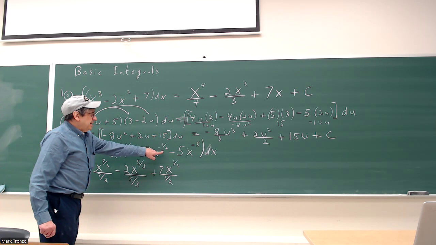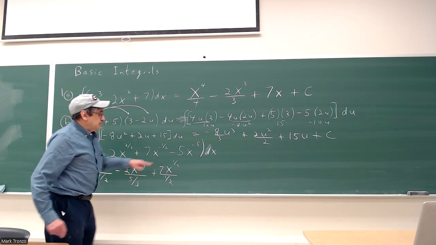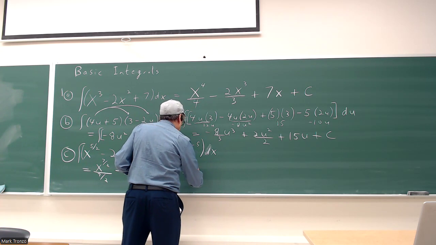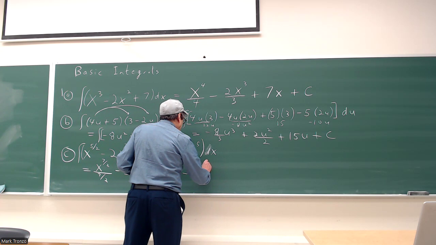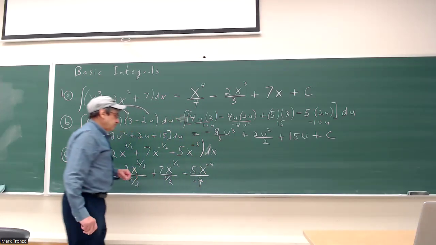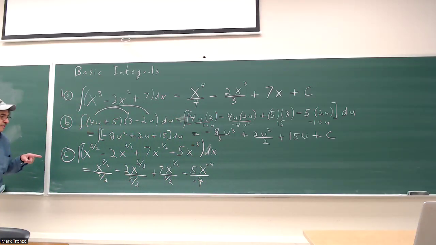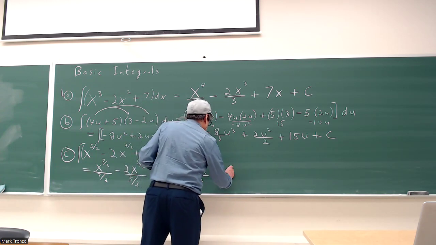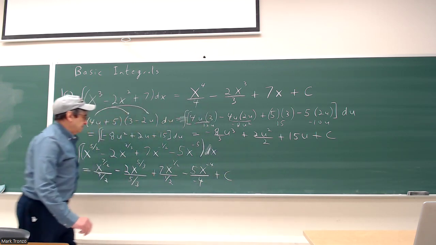So if we have a negative a half and we're adding a positive 1, that gives us a positive a half. And then same over here. We have a negative 5 in the exponent. We're going to add 1. That gives us a negative 4. x to the negative 4, plus C like this.